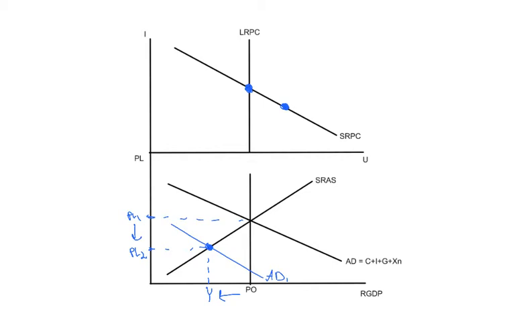And this makes sense. We should have a higher level of unemployment than before, which is consistent with a lower level of output, as we can see in this part of the graph. And we also have lower levels of prices, which we would expect to see as well. We'll go I1 and I2. So this is very consistent with what we've talked about so far.